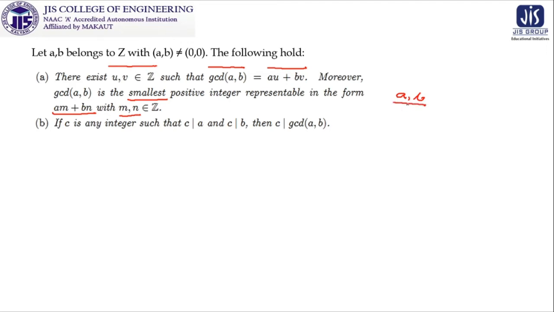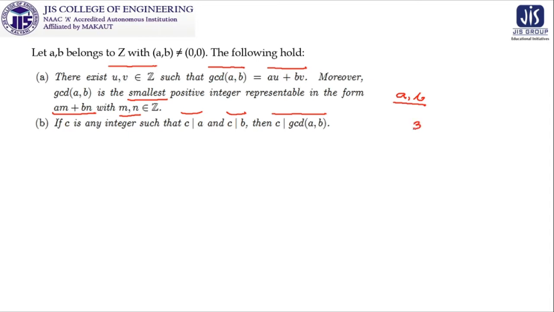Clear? As per our syllabus construction, we are not going to emphasize or prove this, but we will verify it with some examples. The second property tells us that if c is any integer such that c divides a and c divides b, then c will also divide the GCD of a and b. So let us check.